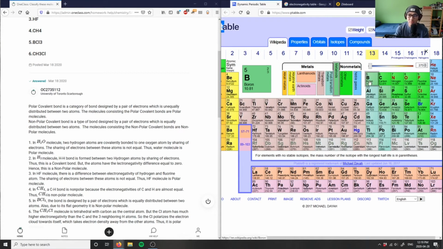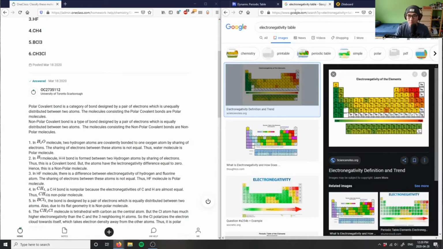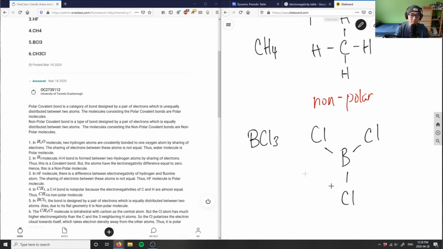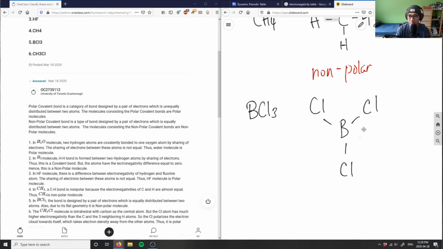What it can do is hybridize, using the 2s and 2p hybridization, to create 3 bonds. Based on this hybridization, where I can create 3 bonds, this creates a flat compound. So this compound is nonpolar.